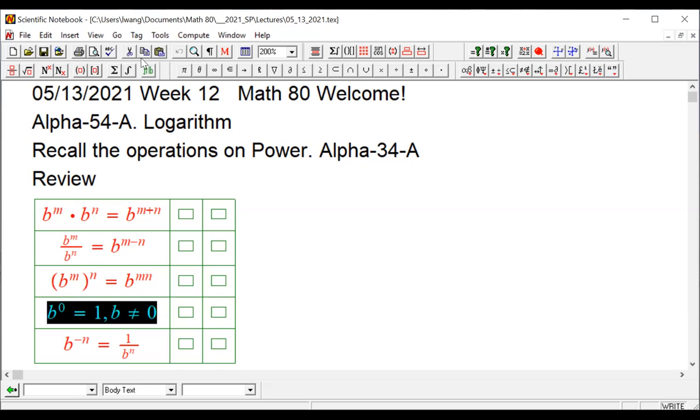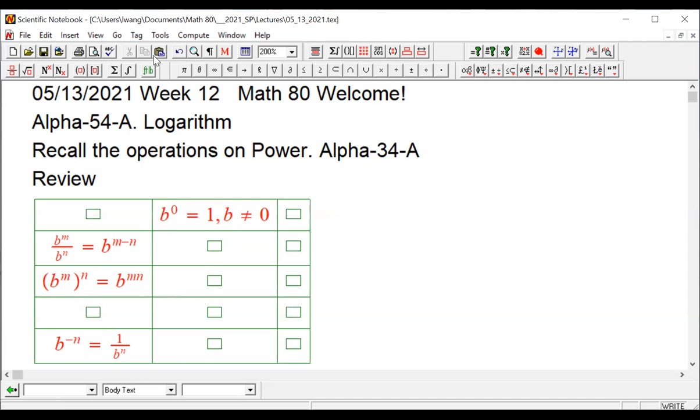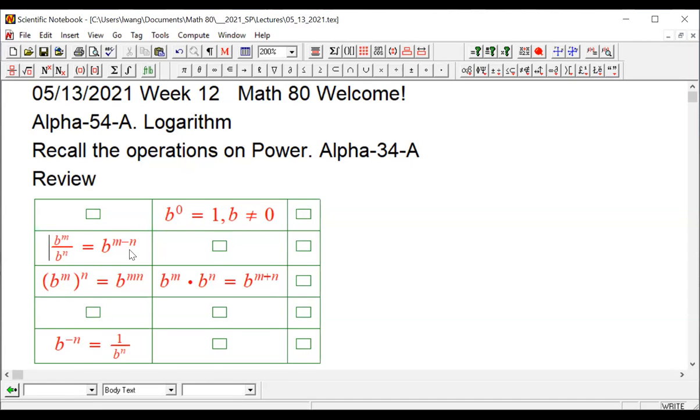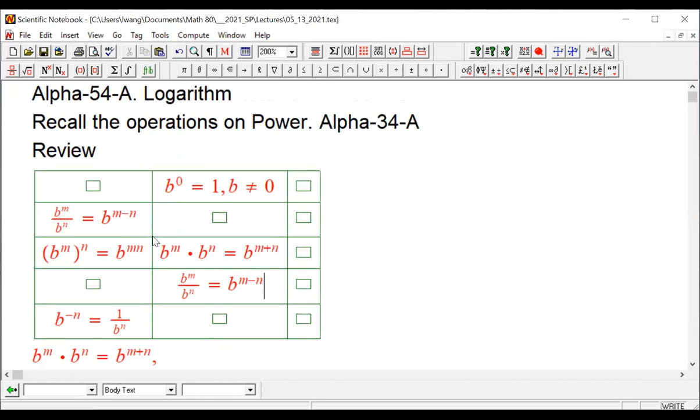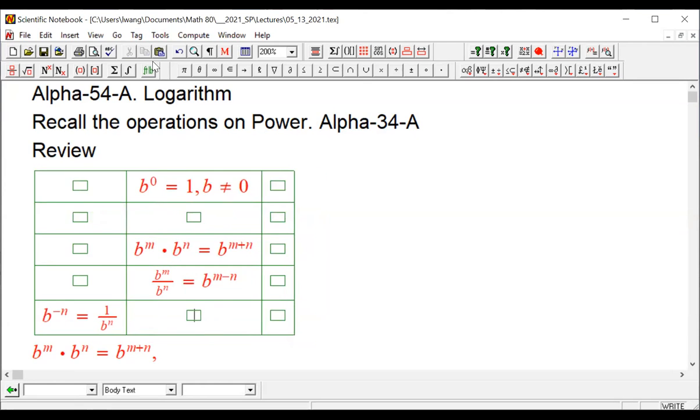I consider this one the easiest, so I'm going to put it over here. And these, I'm going to put over here. Dividing, I'm going to put over here. And this guy, over here.